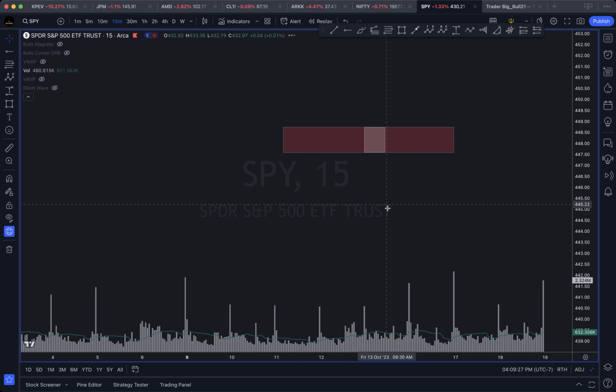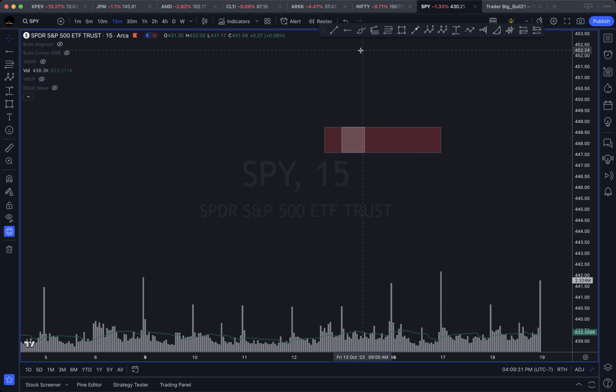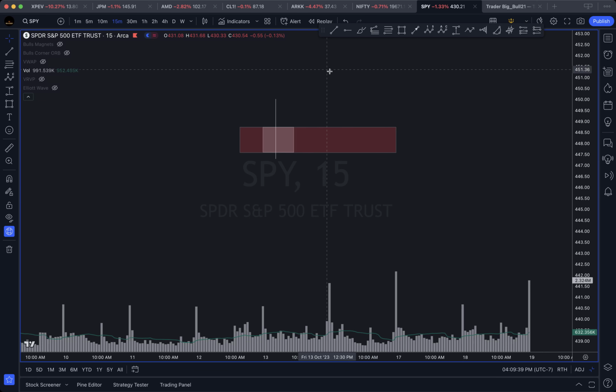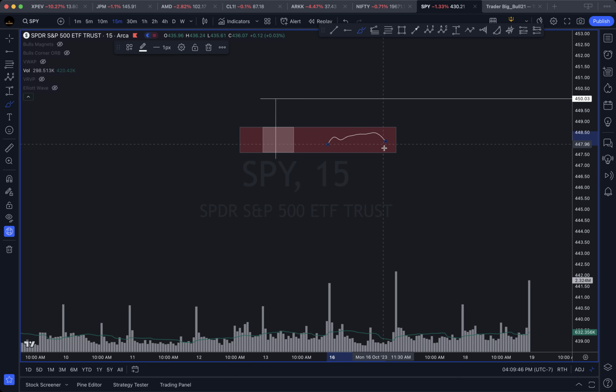Most likely, I only use the bodies, right? So this is the body, and we have this wick here. Most of the time, I would place my stop at the high of the wick, which will give me enough room for my trade to work out as price comes here and starts to go down.